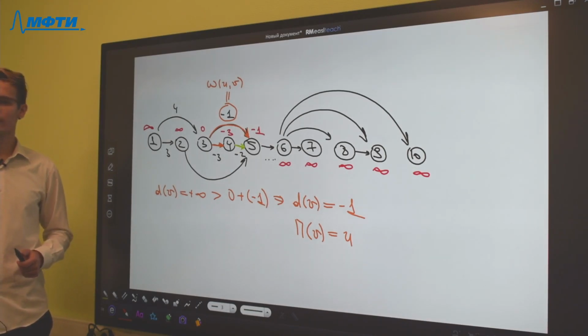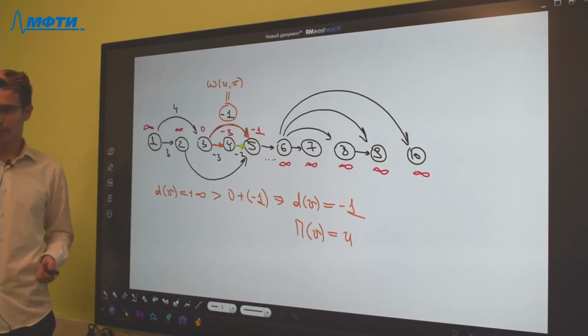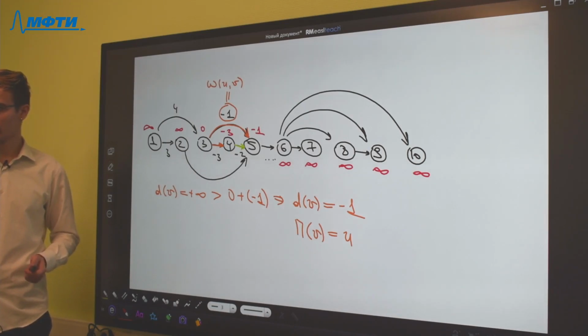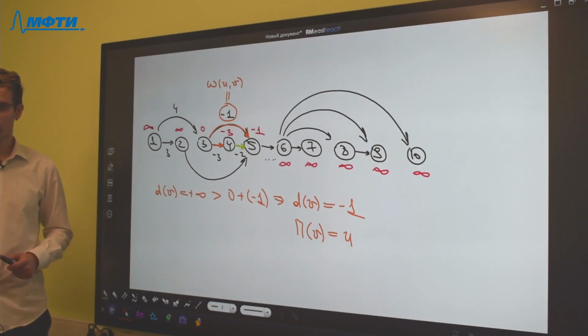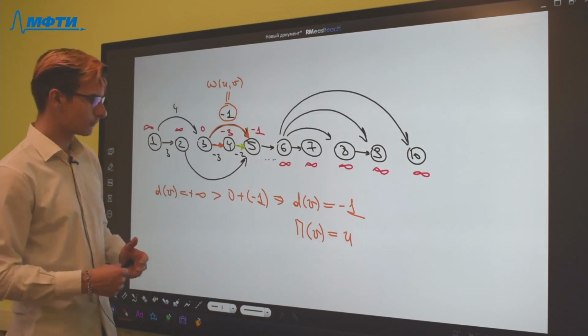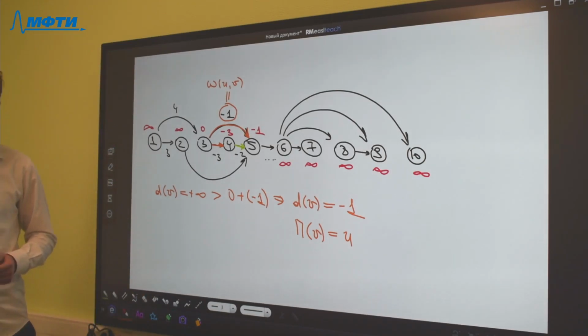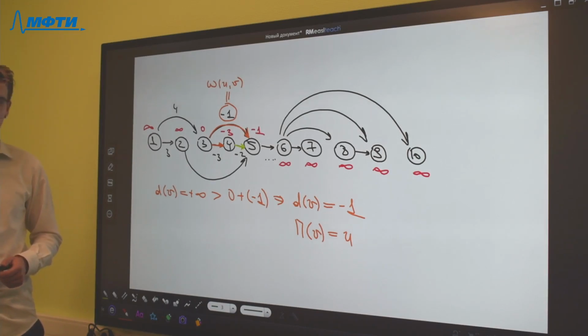How many times do we relax each edge? One time. Only one time. I don't think we pass again. It doesn't come to the same node or the same edge two times. Yeah, of course.